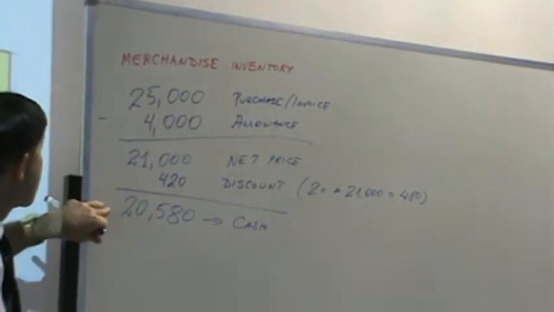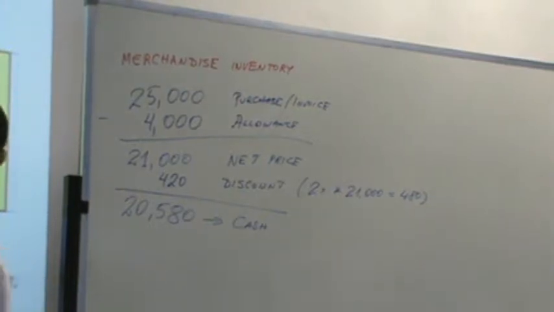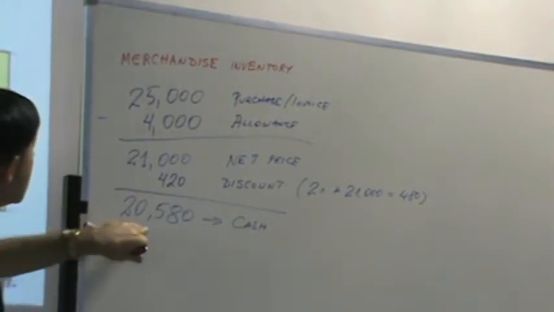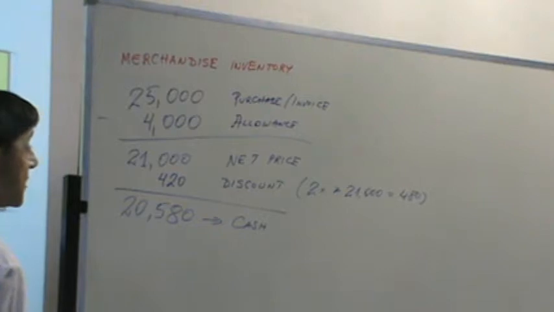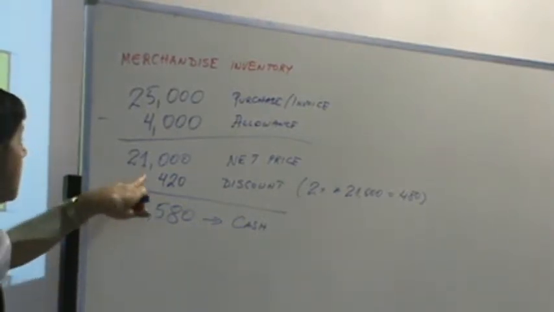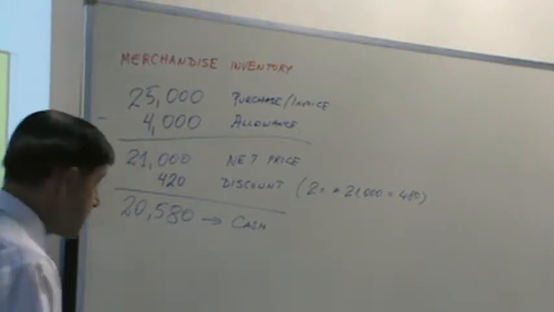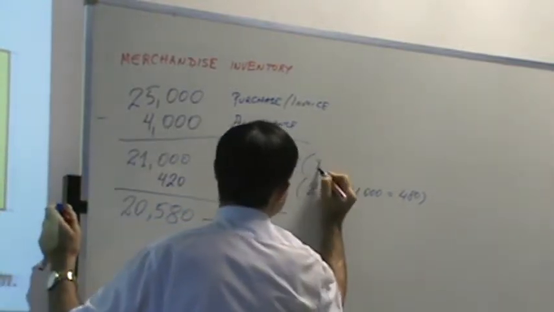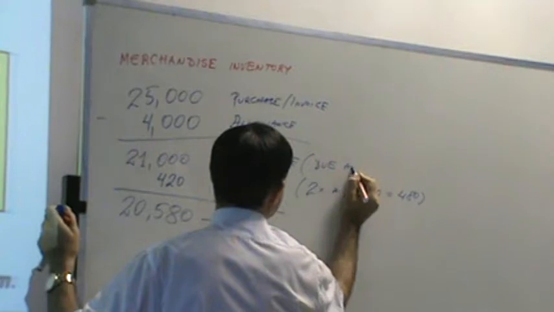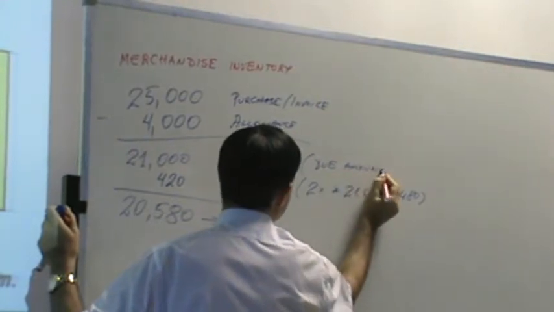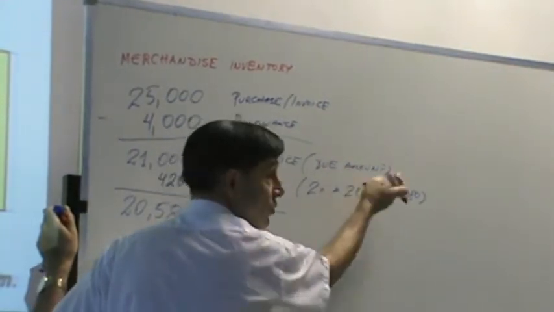So you're going to have credit cash 20,580, credit the merchandise inventory 420, and this is the account payable net price, the same as amount due. Sometimes we say amount due.